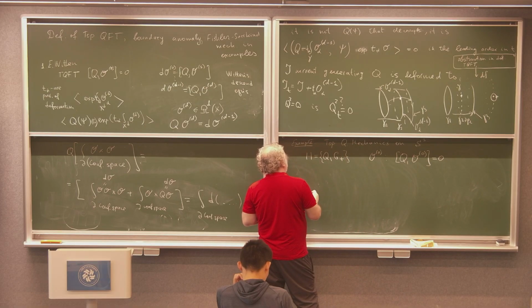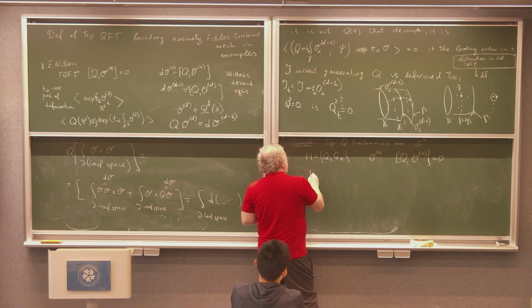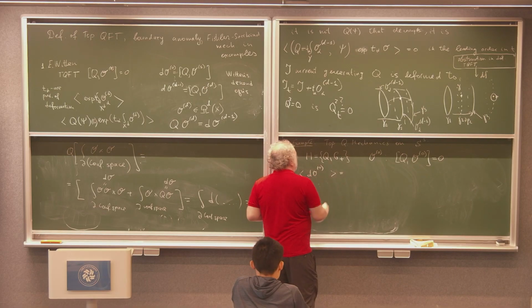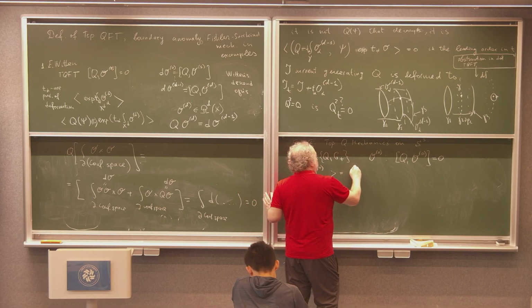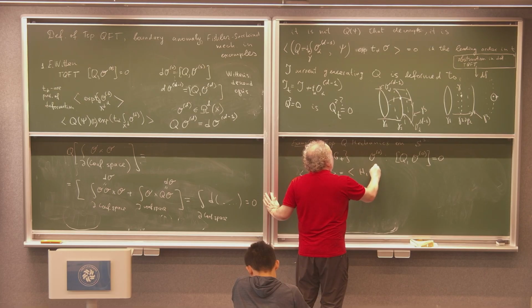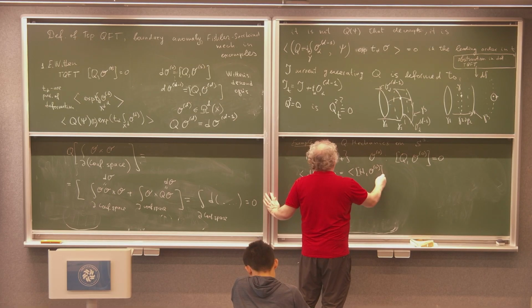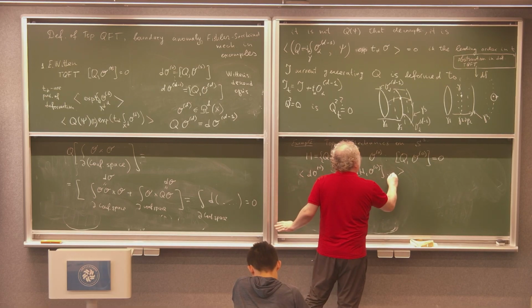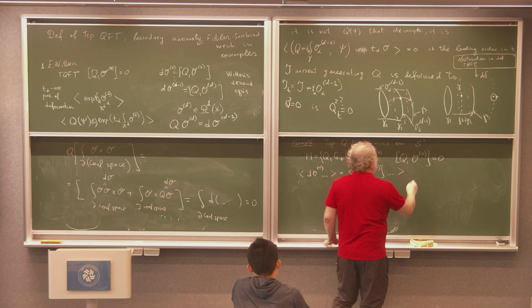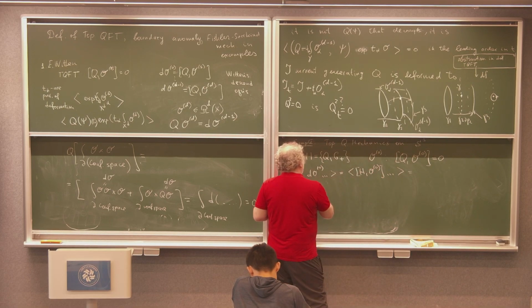Now, G of O0 under the correlator is H applied to O0 under the correlator. And let Q applied to G plus O0 under the correlator.